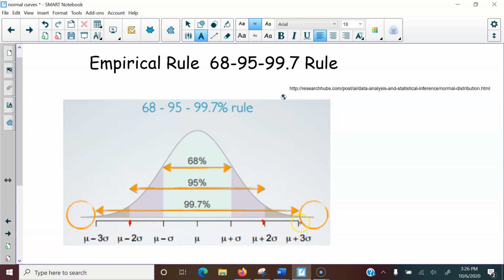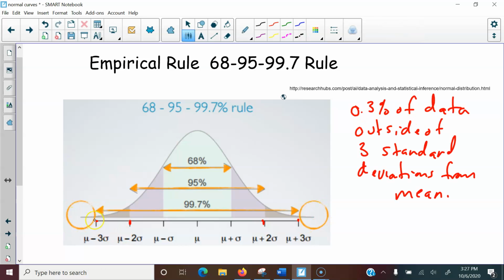If we go out a little bit farther, 3 standard deviations this way, 3 standard deviations that way, within 3 standard deviations of the mean, we have 99.7% of all data. That means only 0.3% of the data is outside of 3 standard deviations of the mean.